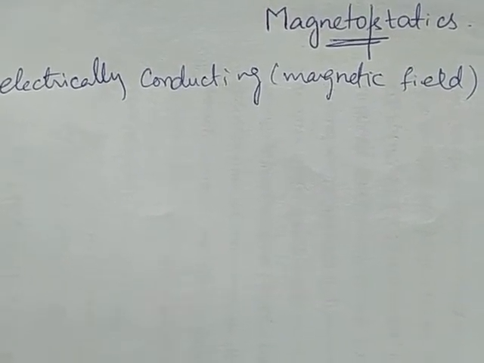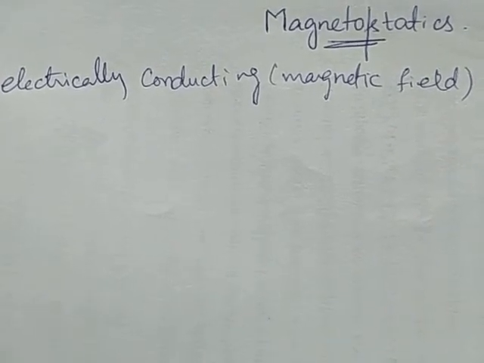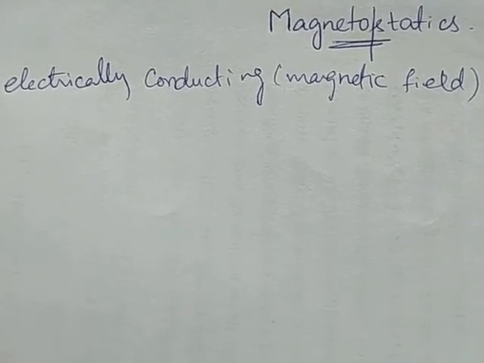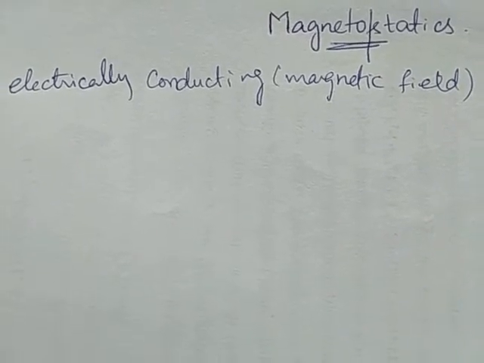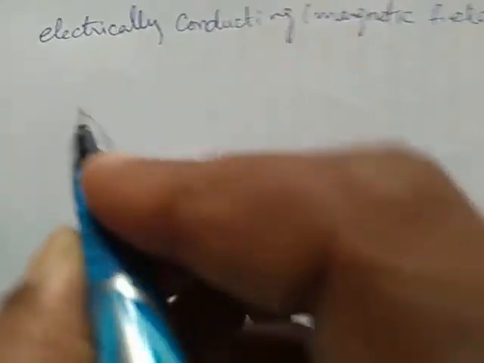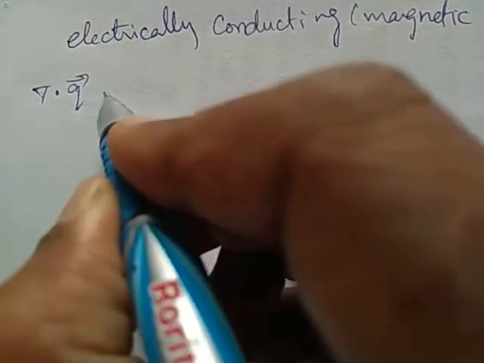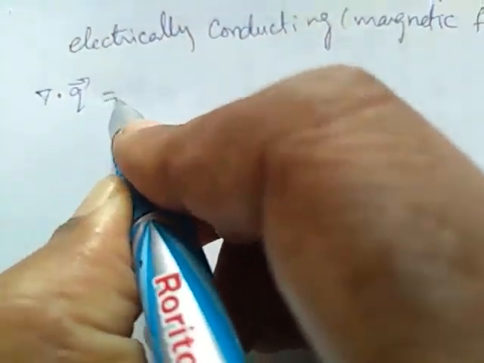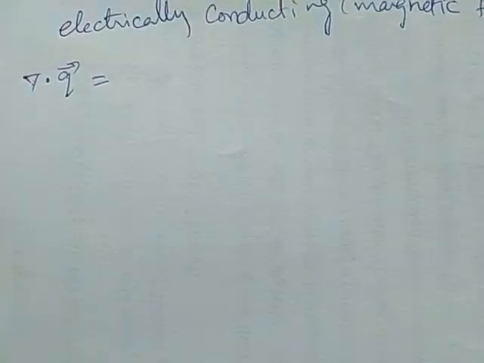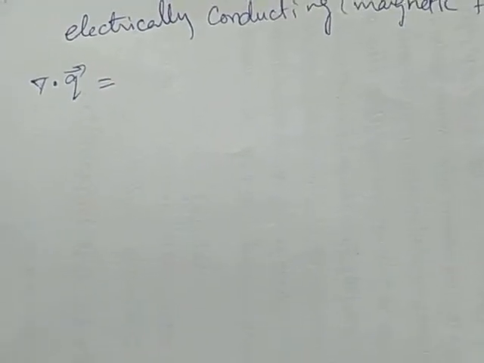Already we have studied the basic equations of magnetohydrodynamics in our previous video. So now we are going to consider those basic equations of MHD. Our continuity equation is del dot Q equal to 0.